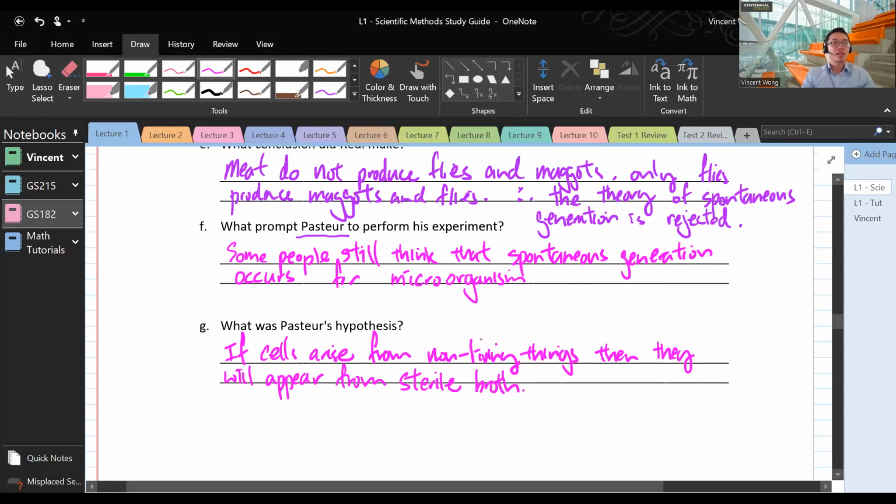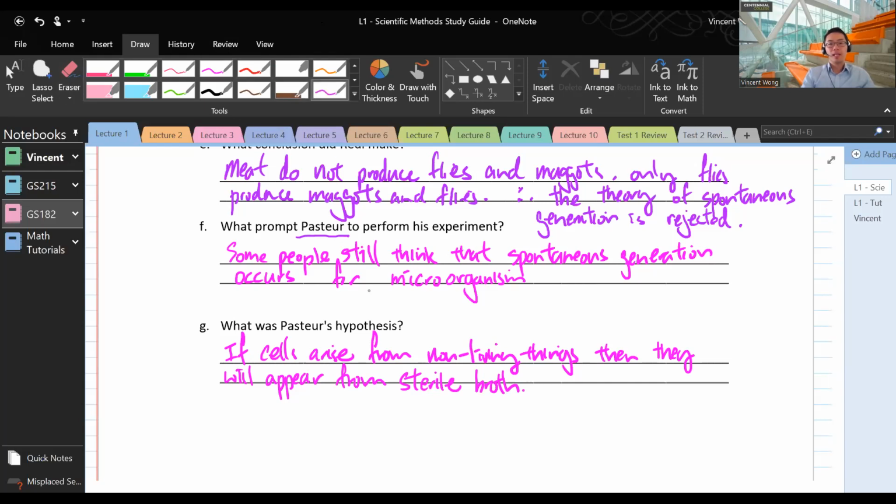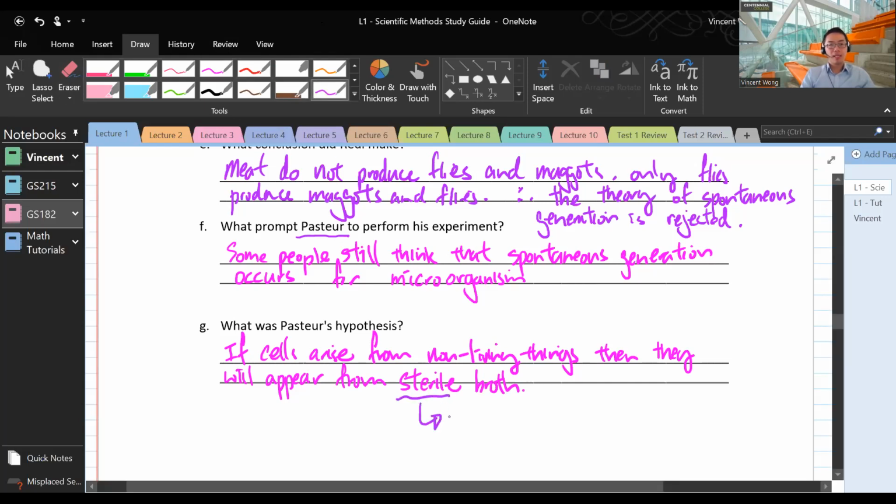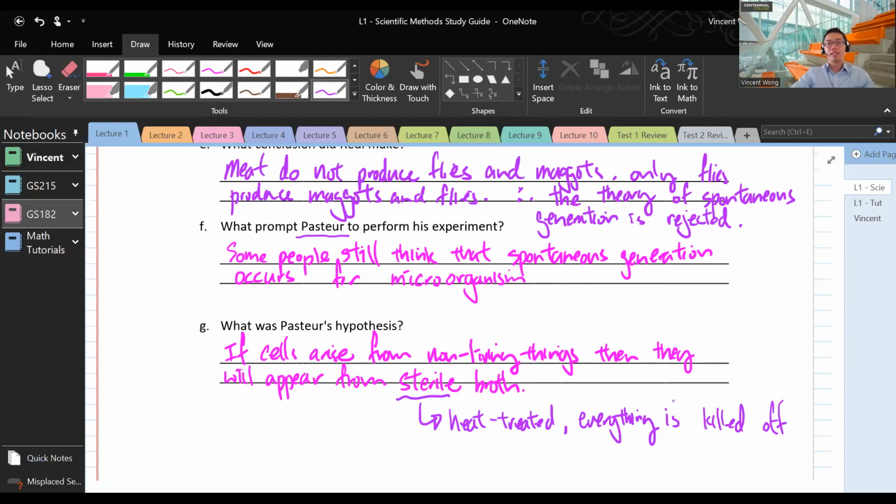Okay, so broth is just like a nutrient soup, and sterile means they are heat treated, so everything is killed off. If you killed off everything with heat and then you let it sit there, if spontaneous generation is true, then you will see cells afterwards. That's basically his hypothesis.